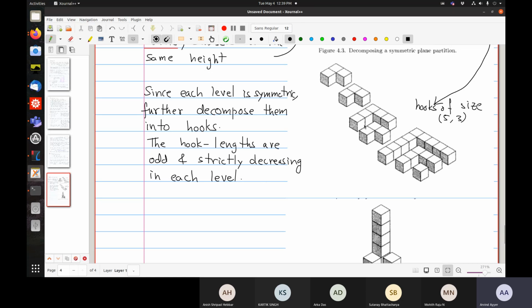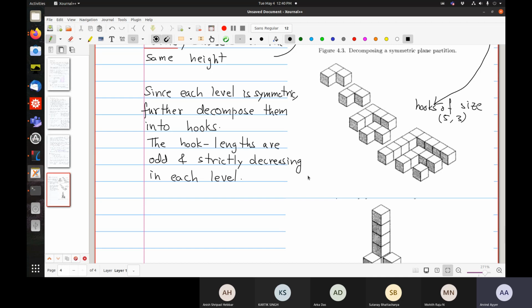They cannot be weakly decreasing, because otherwise there would be overlaps, and it would not be a partition shape. So they are strictly decreasing, and each of them is odd, just to preserve the symmetry.